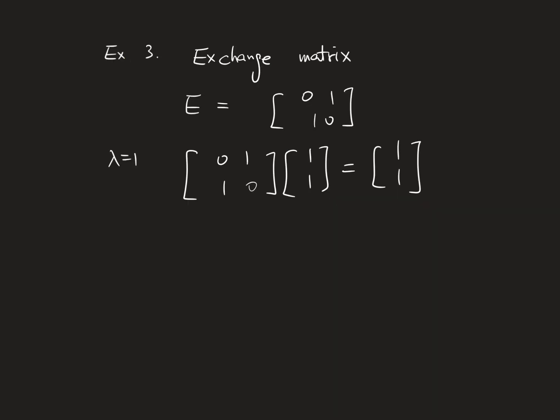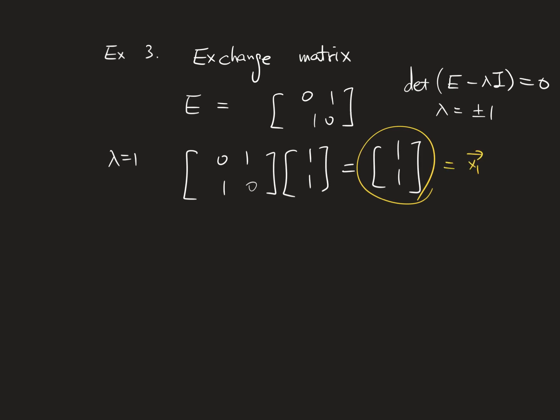Now we see another example, which is the exchange matrix 0, 1, 1, 0, and then we can find the eigenvalues using the determinant, just calculating this one. We can find that lambda is equal to plus minus 1. For lambda equal to 1, we can see that this one, 1, 1, is x1, the first eigenvector.